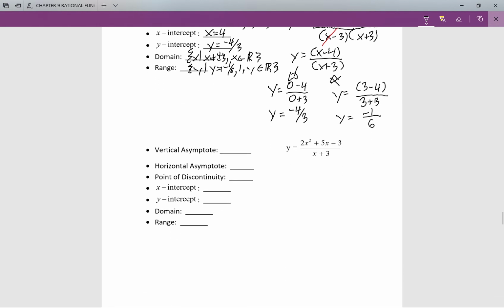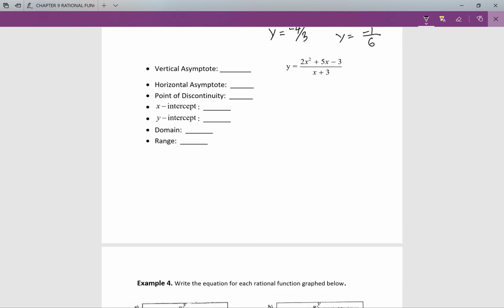Moving on to the next one. Looking at this equation, on the top we notice that factoring is going to be a little bit trickier. So we're going to factor this using the decomposition method, and I'm going to take you through how to do it. I have 2x squared plus 5x minus 3. If we remember from way back when, you had ax squared plus bx plus c.